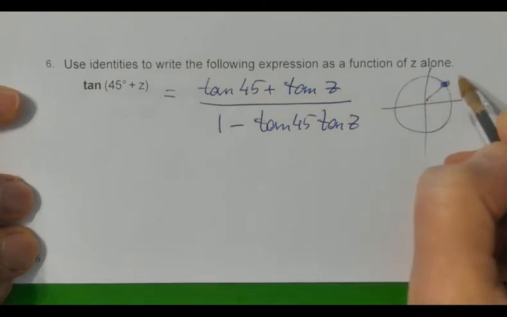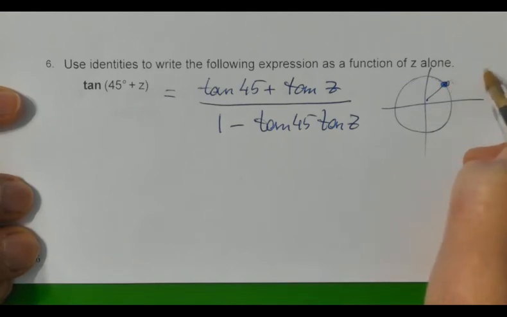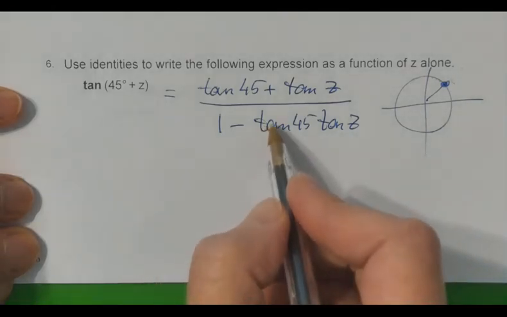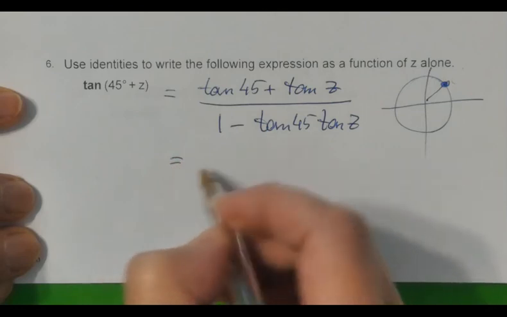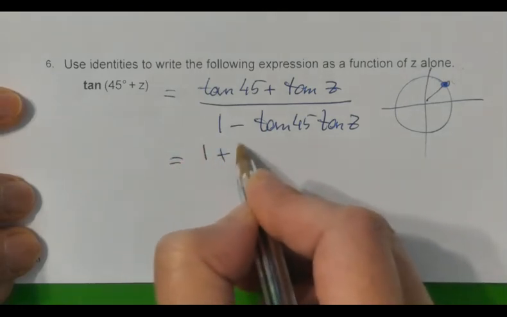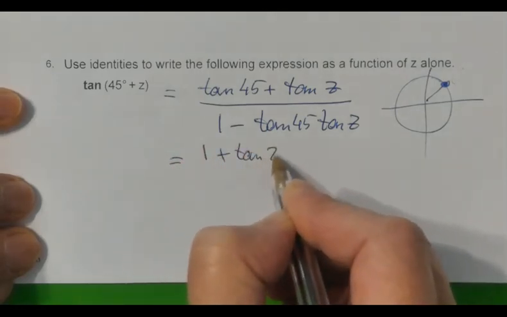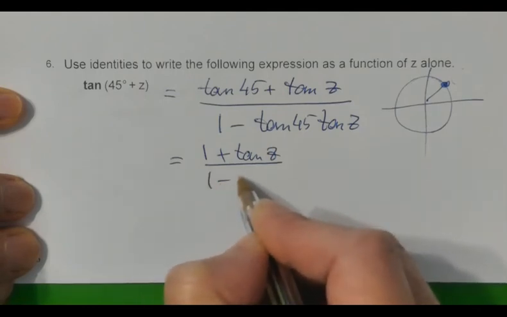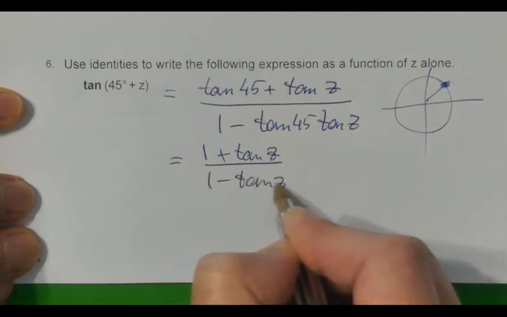This angle has the same x and y coordinate, the same sine and cosine value. So sine over cosine, or y over x, will always be 1. So tangent of 45 is 1. So this is equal to 1 plus tangent of z, divided by 1 minus tangent of z.